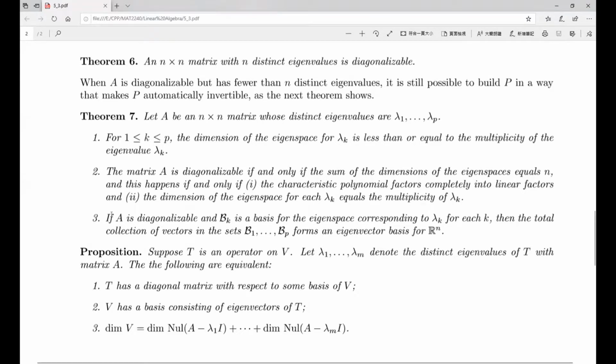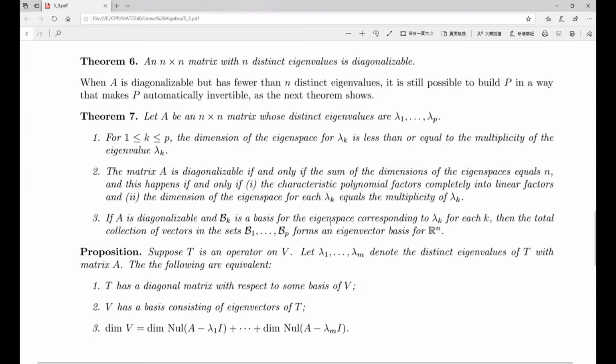All right, and the third one: if A is diagonalizable and B sub k is a basis for the eigenspace corresponding to lambda k for each k, then the total collection of vectors in the sets B1 to Bp forms an eigenvector basis for Rn.